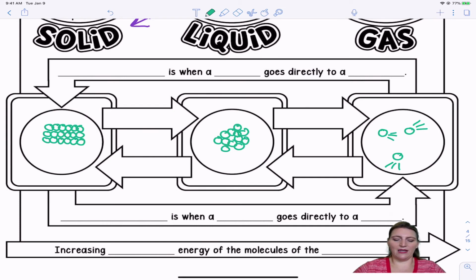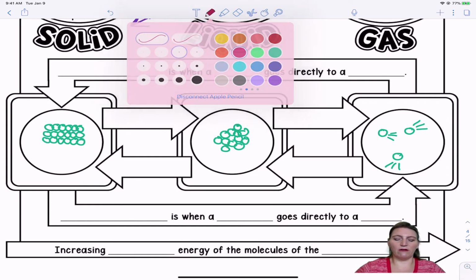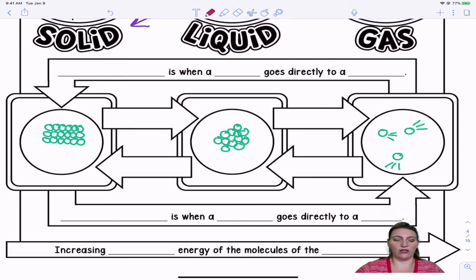Okay, and now let's talk about what goes in these arrows. What is going to go in these arrows are the names of the phase changes. So you probably know almost all of these. When I go from a solid to a liquid, what do I call that? That's melting. And then what happens when I go from a liquid to a gas? That's evaporation. And then let's go backwards.